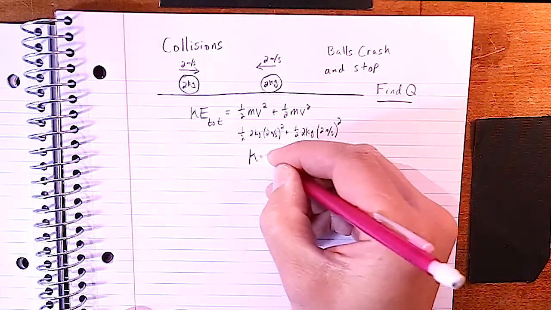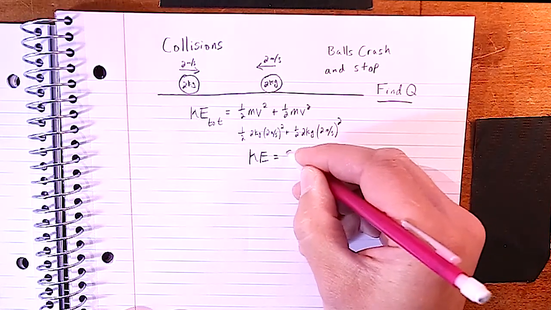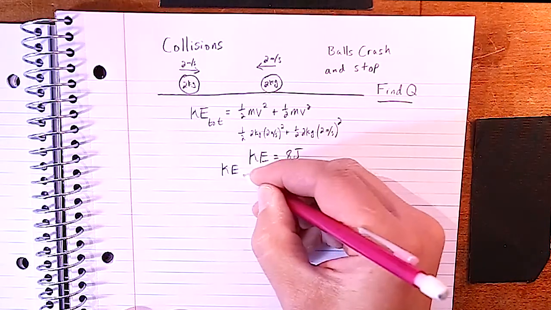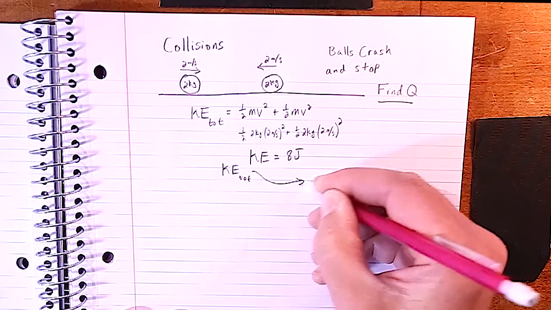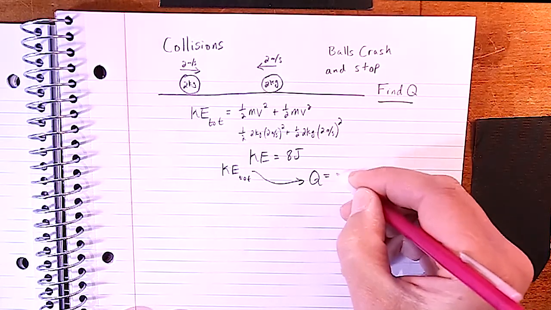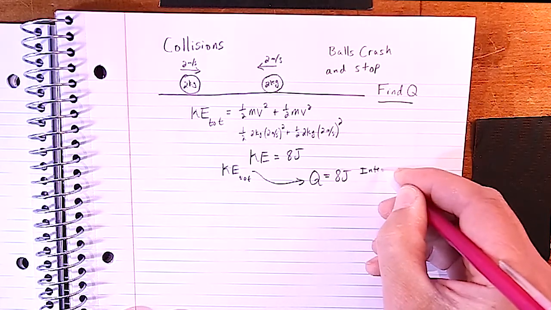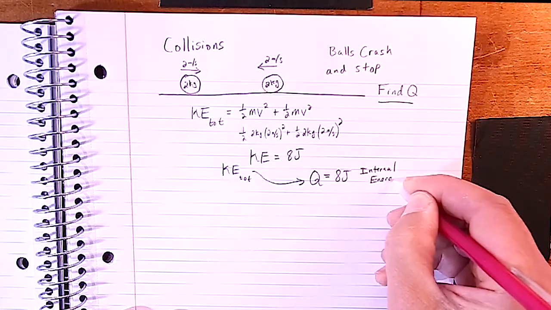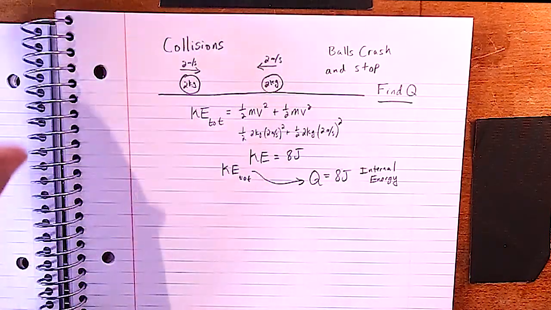And when we sum that all up, that total kinetic energy is 8 joules. Well, we know that the total kinetic energy gets converted into Q. So what then is Q? Q is 8 joules, and we can also call that the internal energy of the system. The molecules would now have that energy inside the balls.